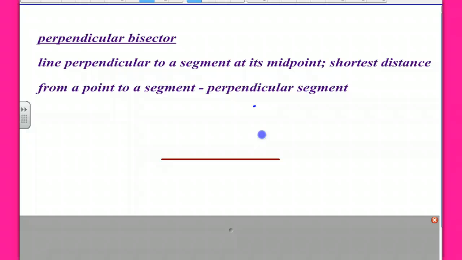Going straight to it, forming a right angle, is going to be the shortest. If I go just ever so slightly to the left, that segment's longer than the perpendicular segment. So that's what that's saying.